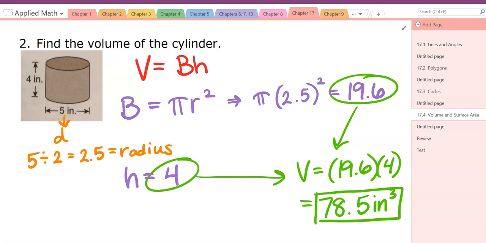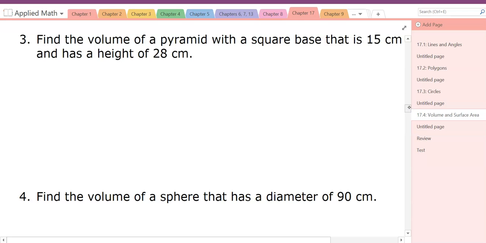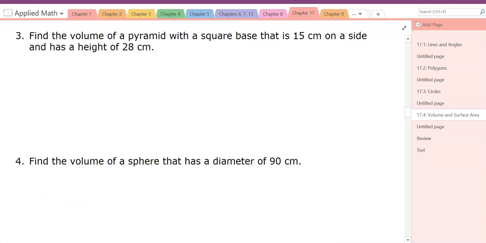Now there might be some problems that don't give you a picture of the shape, okay? And so we have to kind of read and decipher what's happening here. So on this next one, it says to find the volume of a pyramid with a square base that is 15 centimeters on a side and has a height of 28 centimeters.